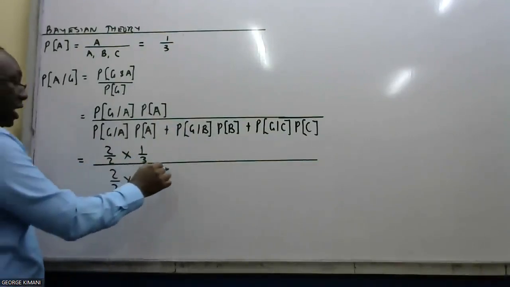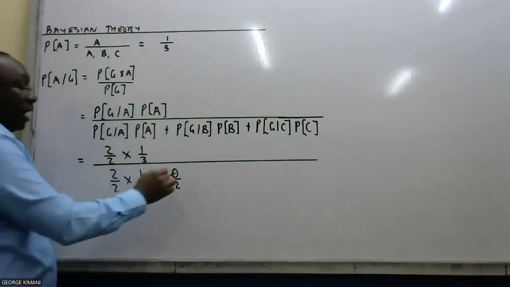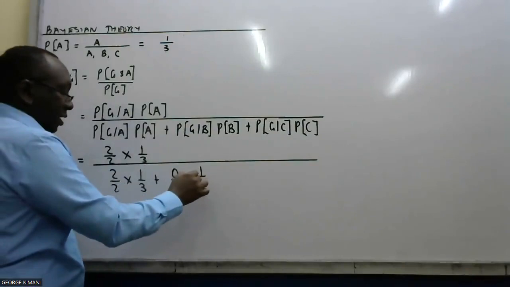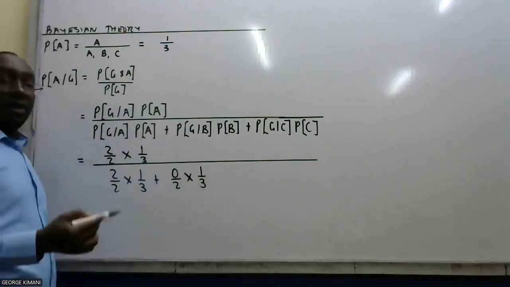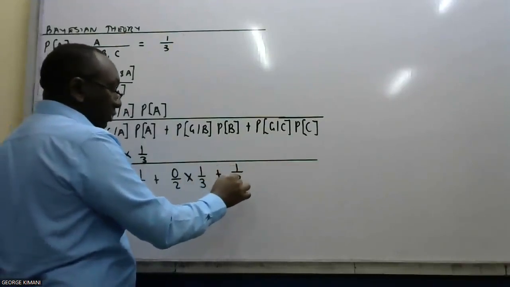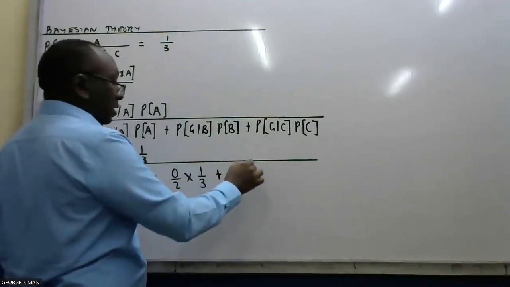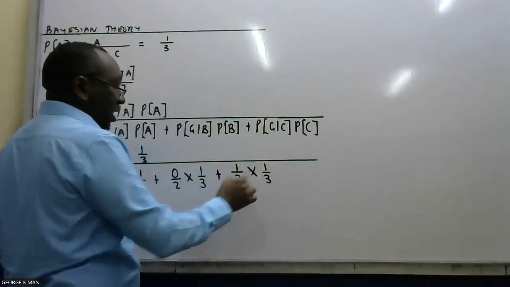So to get a coin there that is gold, it is 0 out of the 2 coins which are there. And the probability of getting bag B is a third. If you look at bag C, it has 1 gold coin and 1 silver. So to get a gold is 1 out of 2. And the probability of getting C is a third.